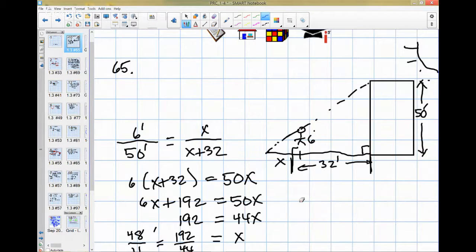All right, so what do we got going here? Maybe you can't see it, but there really are two triangles here. Let me sketch in another line right over the guy.